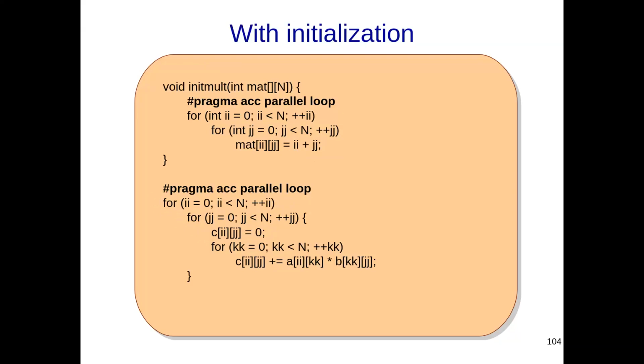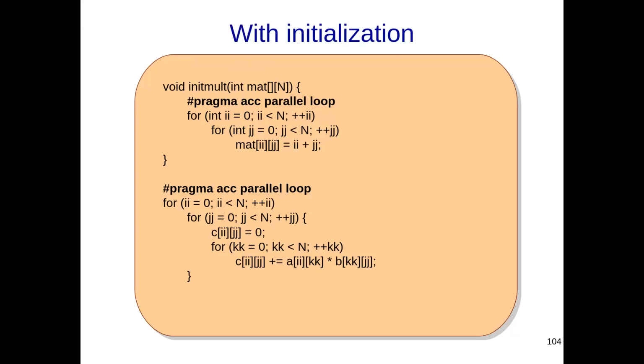What are the other suggestions? Again, I think this will be in some sort of a main, so we will have some data clause. So I think this init mult can be done using some present. Right.